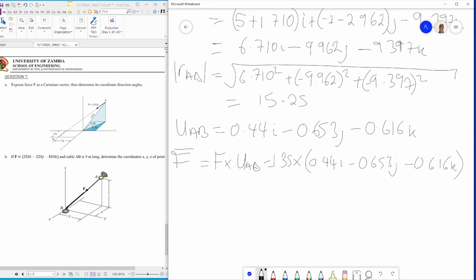So our F as a vector is equal to 59.40i minus 88.18j minus 83.18k.